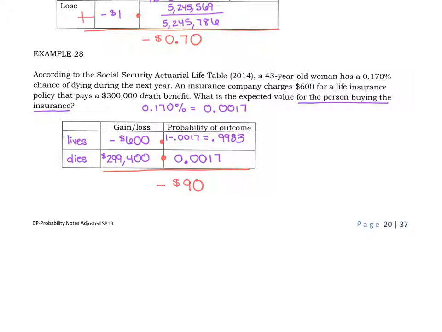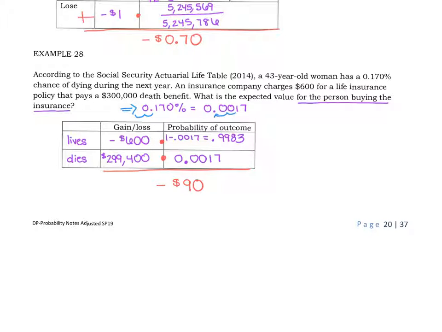0.17%. So notice here, I have gone ahead and reminded you how to turn a percent into a decimal. You need to take that decimal point and move it 2 spots to the left. So the probability is 0.0017. So the probability that that woman lives is 1 minus 0.0017.